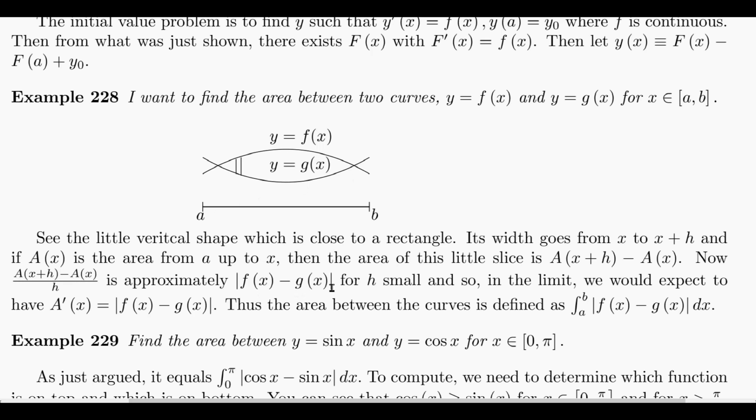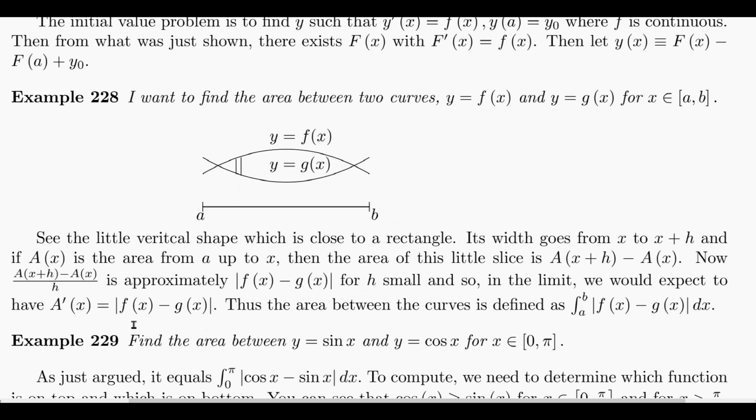I would put an absolute value there because in here I would have f of x minus g of x, but over here I would want to take g of x minus f of x to get a positive number. So I would have this times h would be approximately this little increment of area.